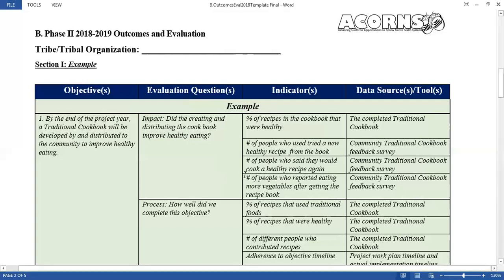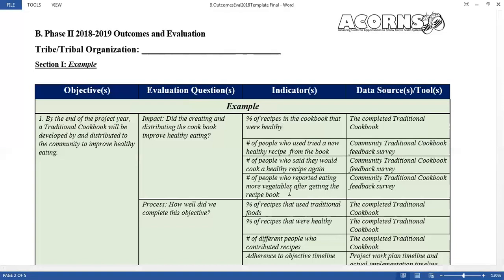A final indicator that I came up with for this example was the number of people who reported eating more vegetables after getting the cookbook. So maybe you asked people before, you had some pre-project data that people reported on how many fruits and vegetables they were eating.